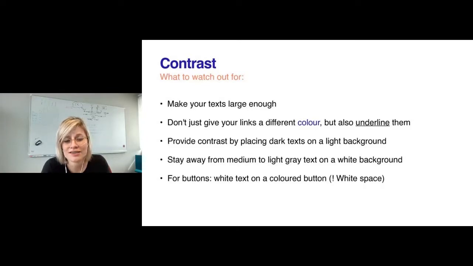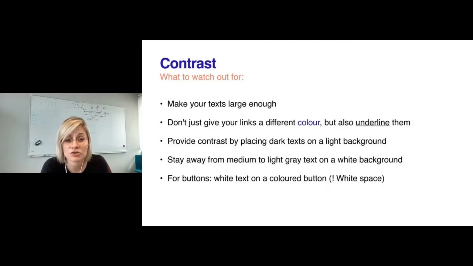Make sure your texts are large enough so that they are always easily legible. Don't just give your links a different color, but also make sure to underline them. This way they are immediately recognizable as a link, and only use that underlining to highlight links. And you don't have to do that with real buttons, of course.